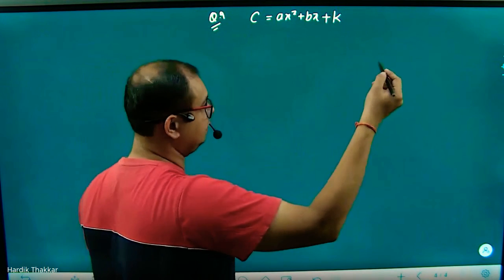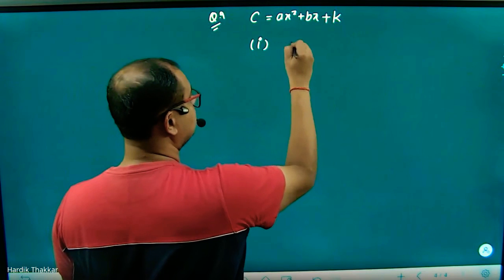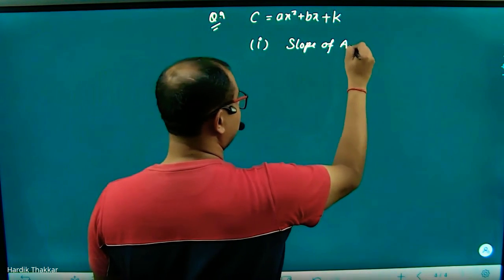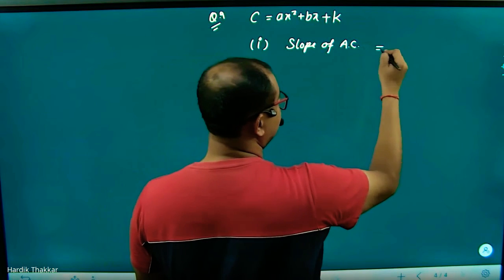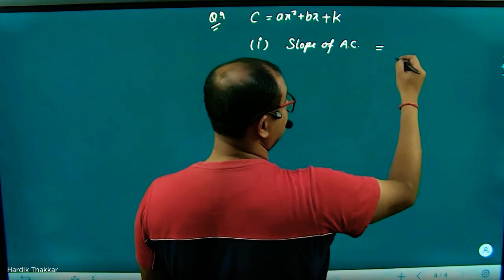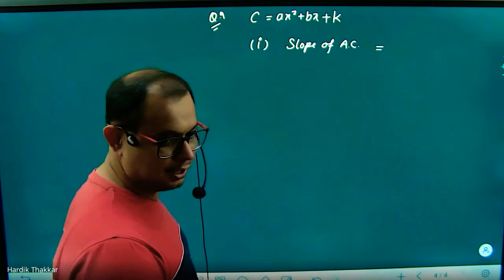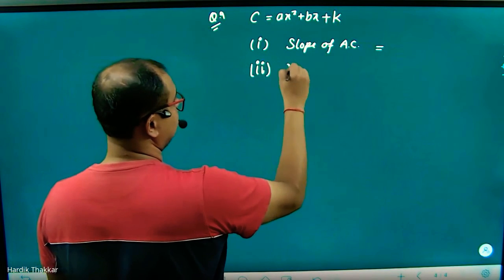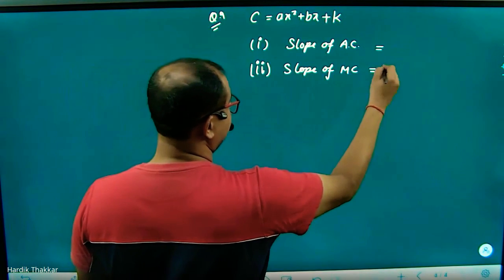So it is C of x. Slope of average cost function. It means क्या होगा? Slope of average cost function is what? बस ये निकालना है. Second part, slope of MC is equal to question mark.